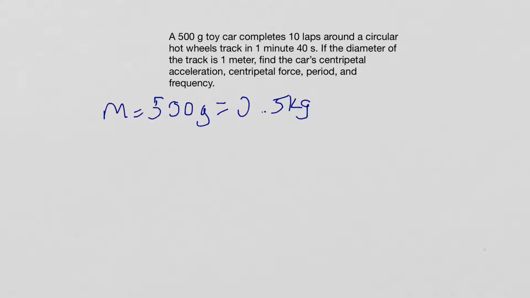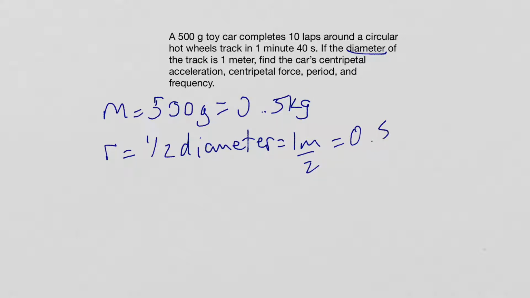The radius is equal to 1/2 of the diameter, so you have to pay attention. So 1 meter divided by 2 is just 0.5 meters.